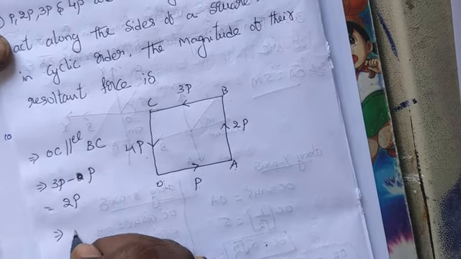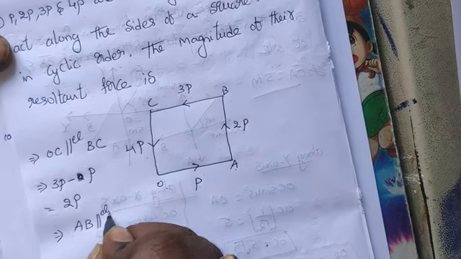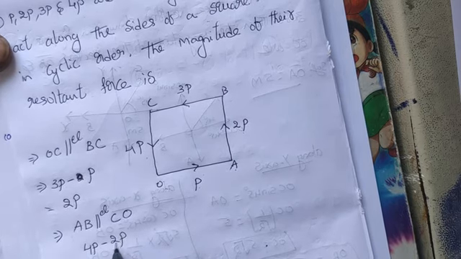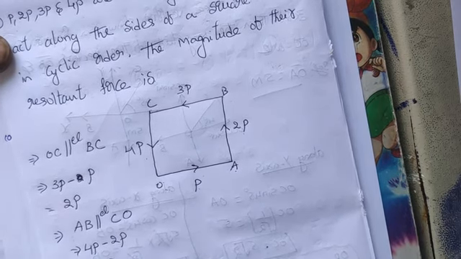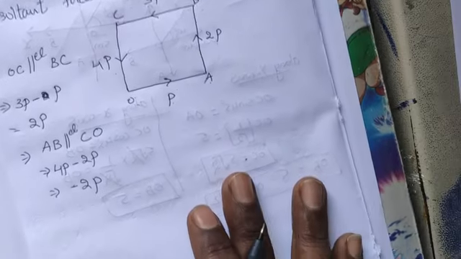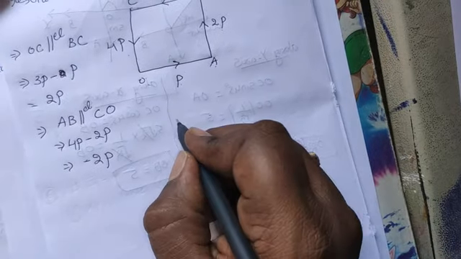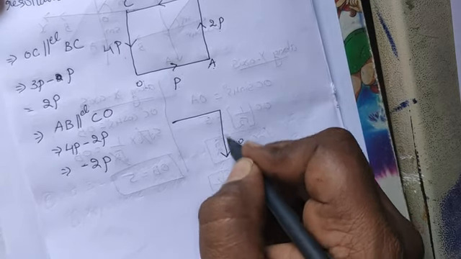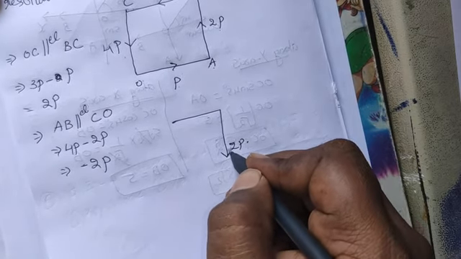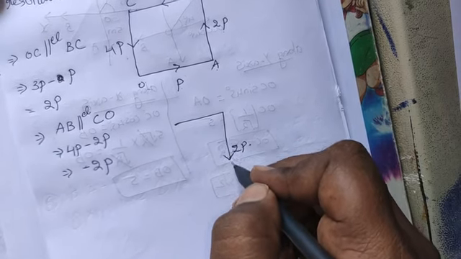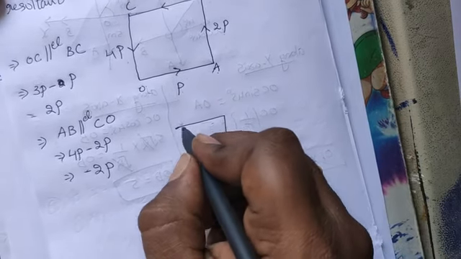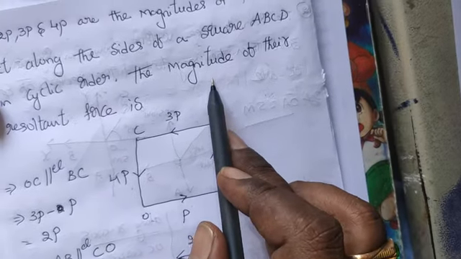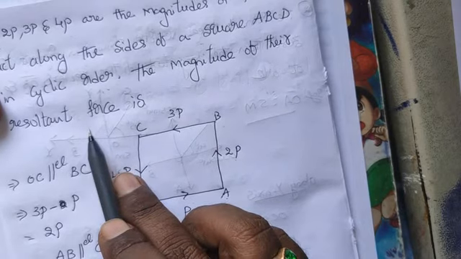It means AB is parallel to CO, that is 4P minus 2P, that is 2P. Now we can draw this. This is a minus 2P, so it is moving along the negative direction. That's why I have not written minus here, but represented it according to the axis as 2P, and the other one is plus 2P. Now we are asked to find the magnitude of the resultant force.